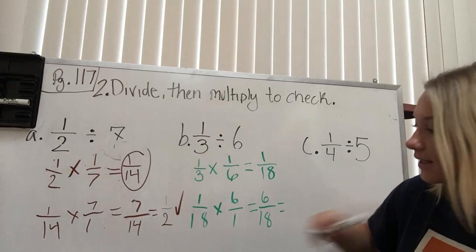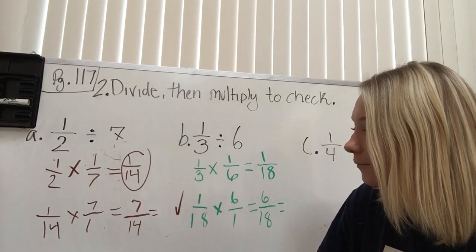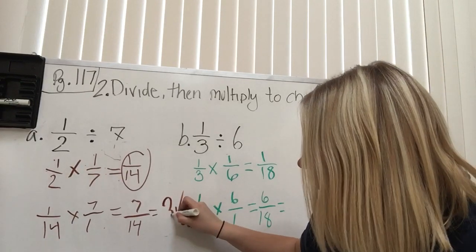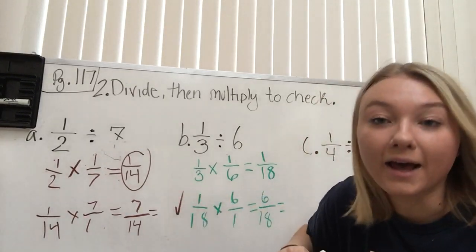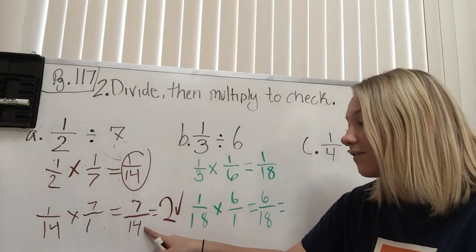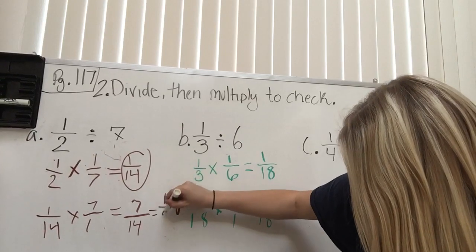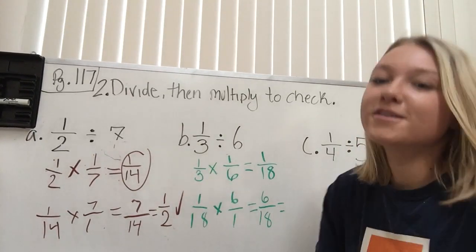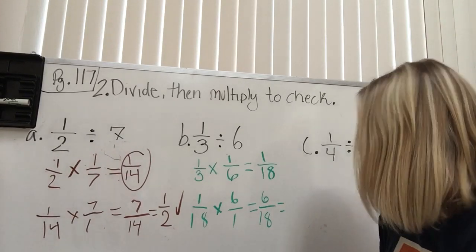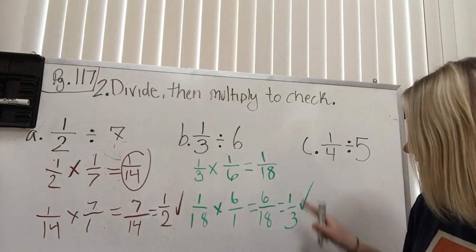I said 1/2 over here when I really meant... I'm confusing myself and all of you. I'm sorry. We all make mistakes. So I was correct. 6 over 18 really does simplify into 1/3, and that is our first factor.